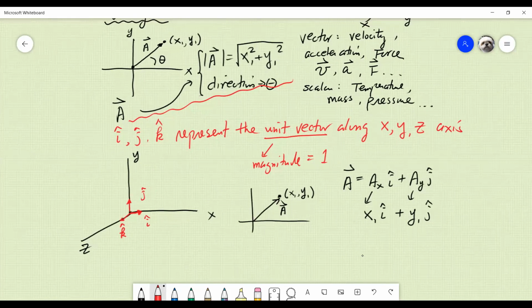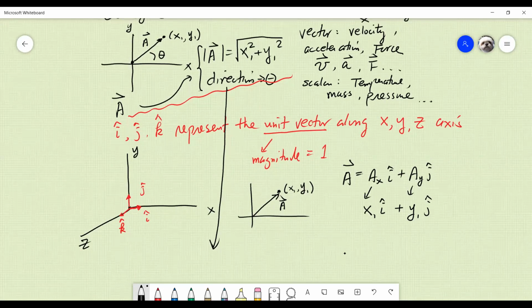Now here, the question is, how can I relate X, Y, and R? As you see from the picture, let's say the length is X, right? So I can say the total length is R. So how are you going to relate all these, X1, Y1, R, and theta?